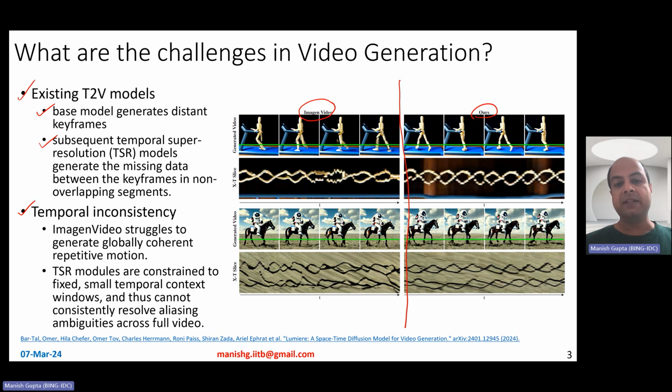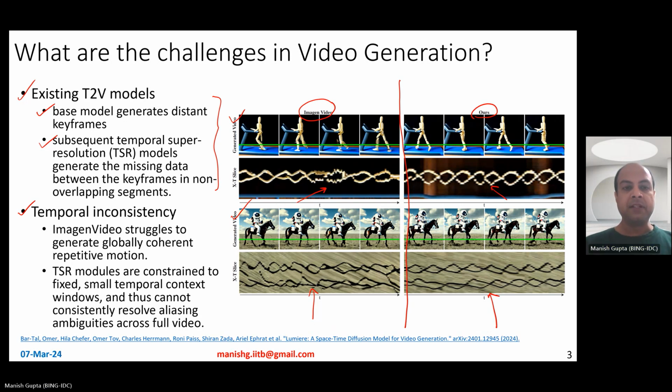In both of these videos, there is repetitive motion, but because of this two-step approach, there is temporal inconsistency. Imagen struggles to generate globally coherent repetitive motion, as you see, while Lumiere generates it very nicely. So Lumiere must be doing something interesting, which I'll talk about in the next few slides, to ensure this temporal consistency. Again, here there is temporal inconsistency, but here the motion is pretty consistent.